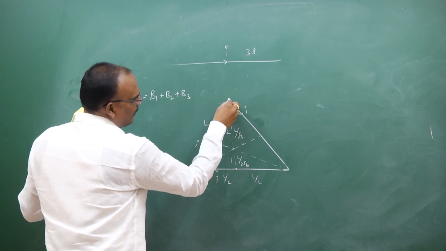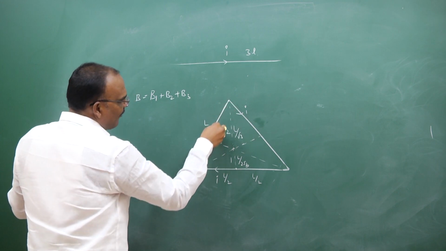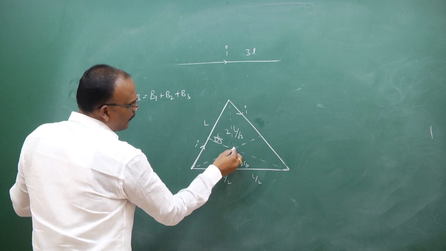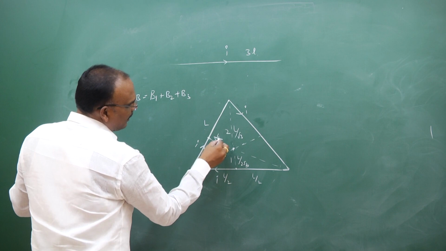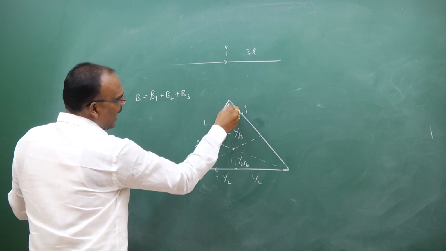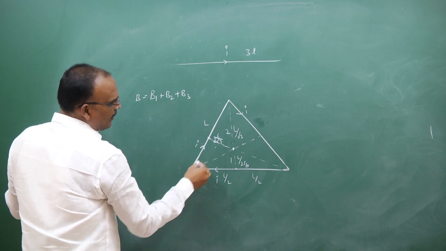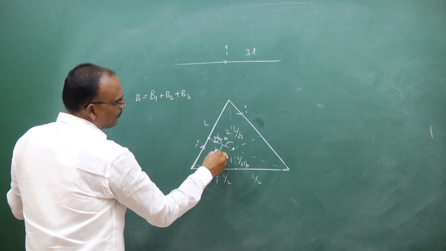We'll see first. According to the Biot-Savart Law, when you have a finite length conductor, if you select a point, you should draw a normal onto the conductor. That is R. R value is L by 2 root 3. Okay, join the ends. Already joined. This angle is alpha. This angle is beta.